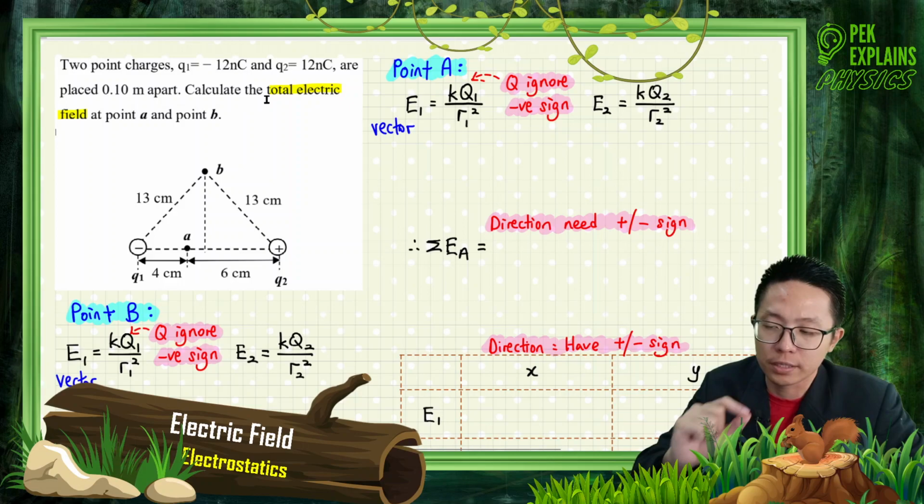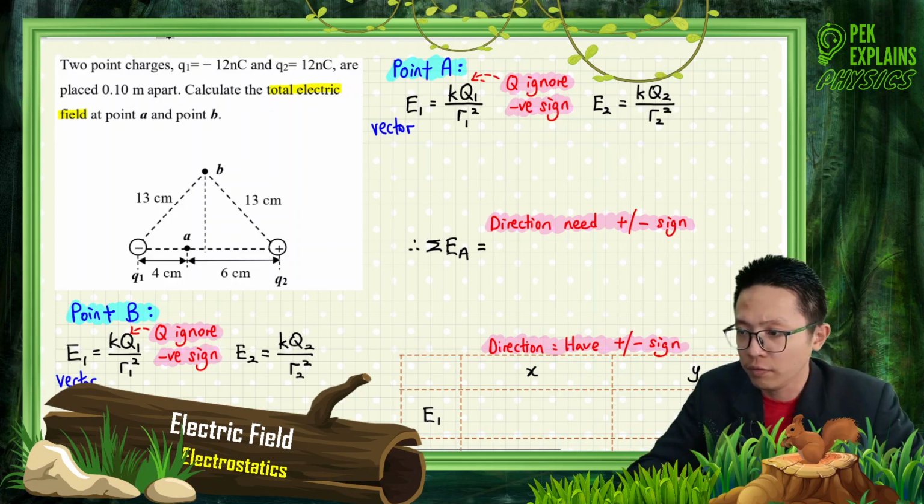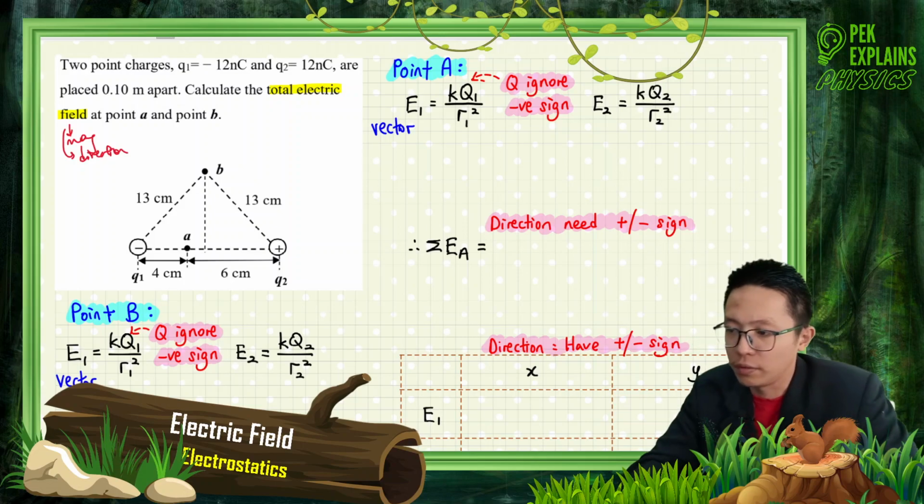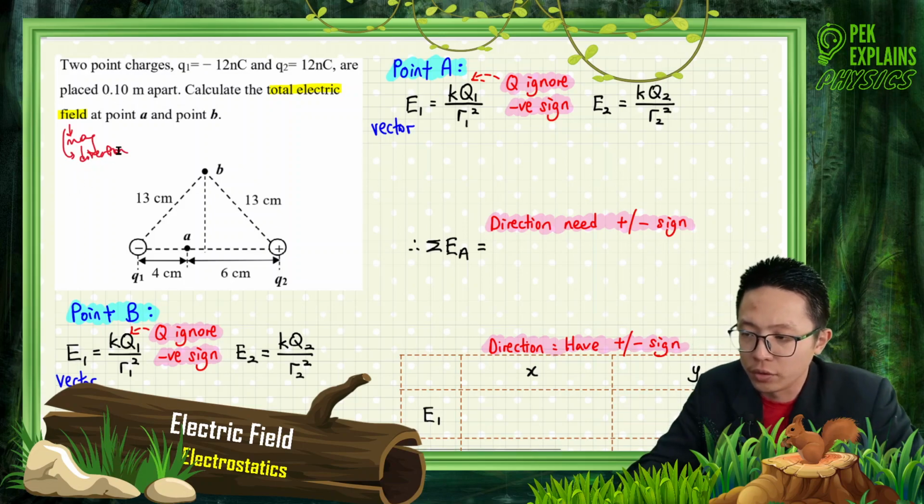Even if he didn't specify he wants the direction, you still need to give both the magnitude and also direction. These two you must give. If you don't give direction, you will lose mark. And then there are two answers, one on A, and another one on B. Okay, let us start with A.